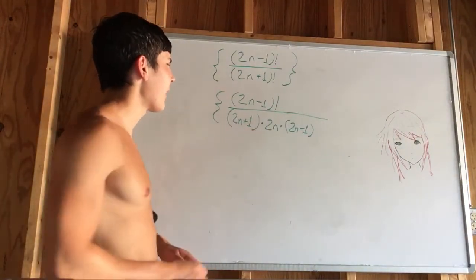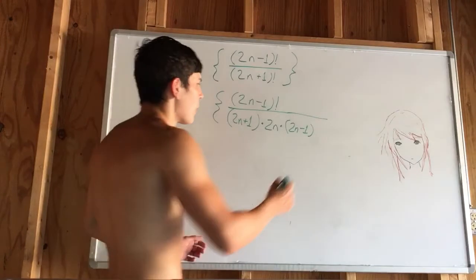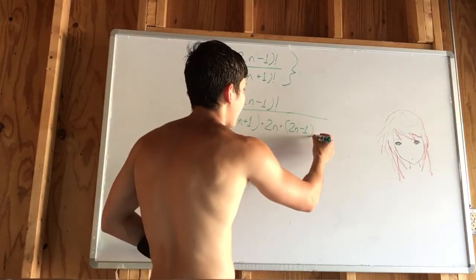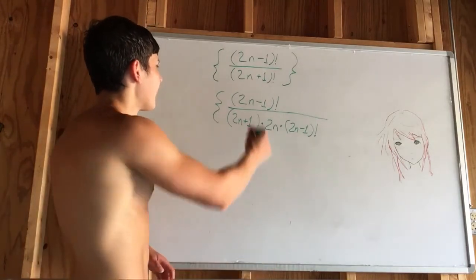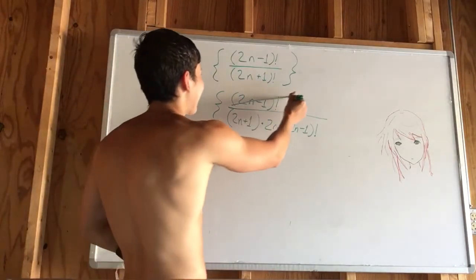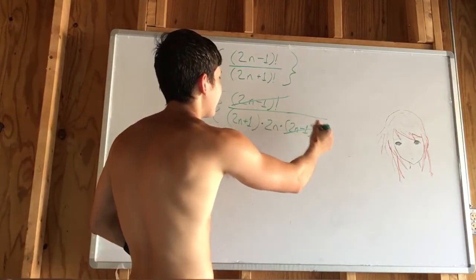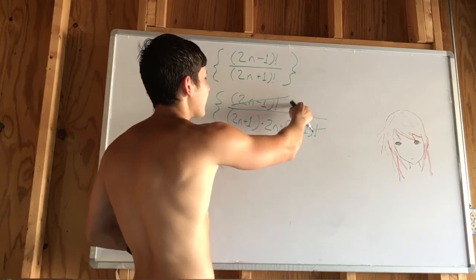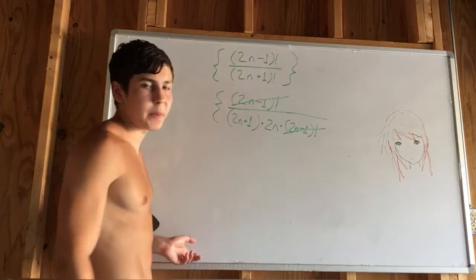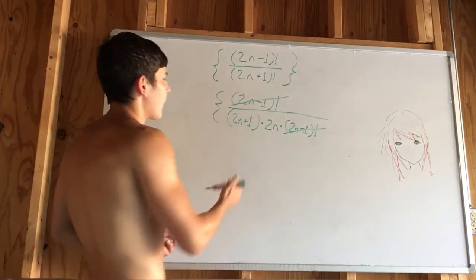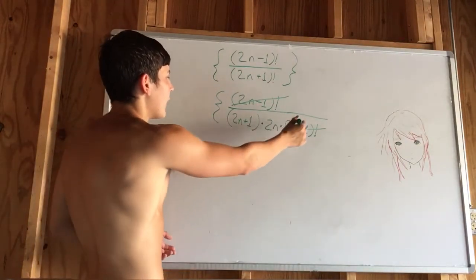But we don't need to write all that stuff because we already have something to cancel out. This cancels out with this, and every succeeding multiplication here is contained here in this factorial. So we don't need this.